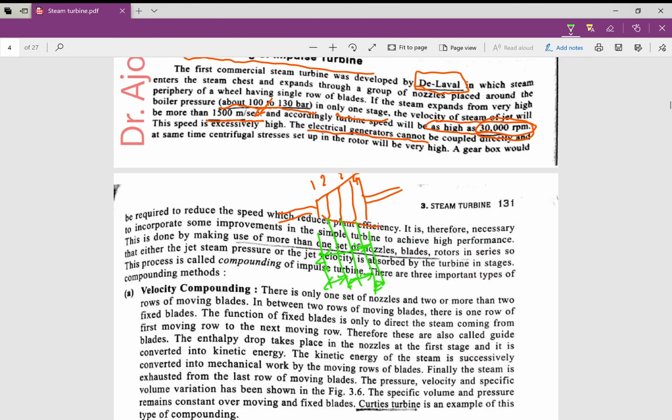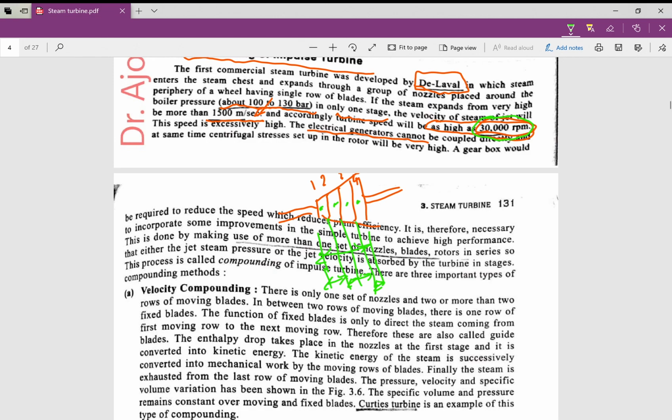So the enthalpy drop in all 4 stages is properly utilized to have speed not more than this 30,000 rpm, and henceforth we go for compounding. So I think the matter is clear to you why we go for compounding.